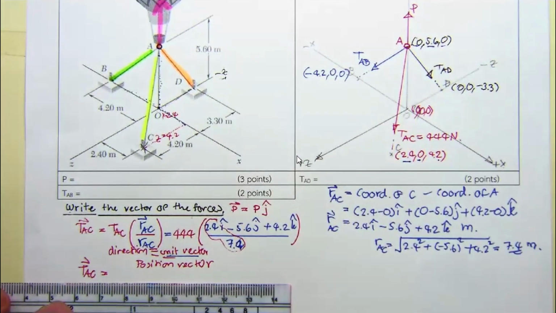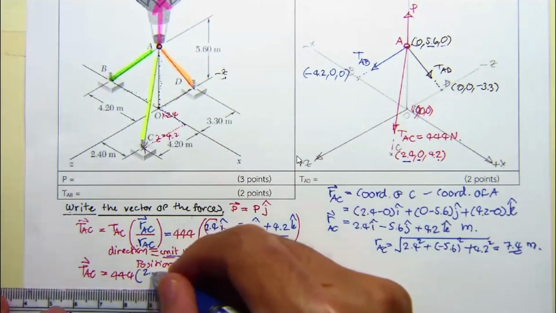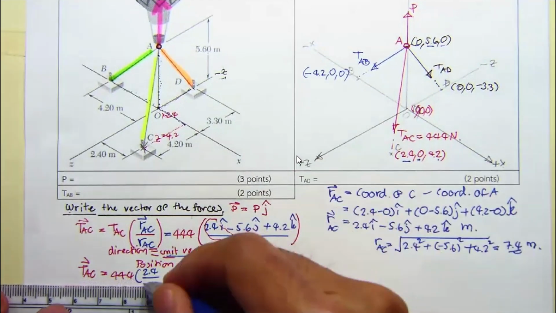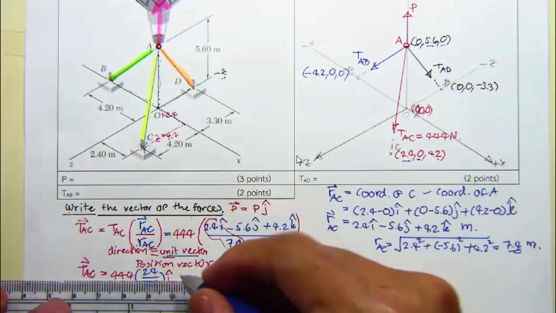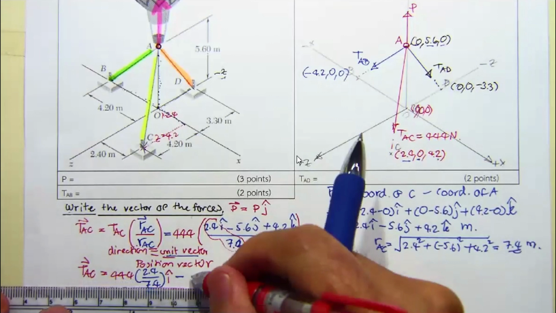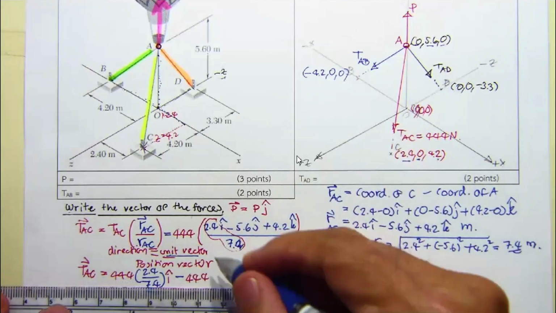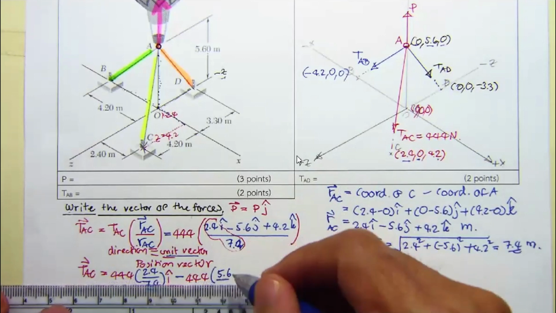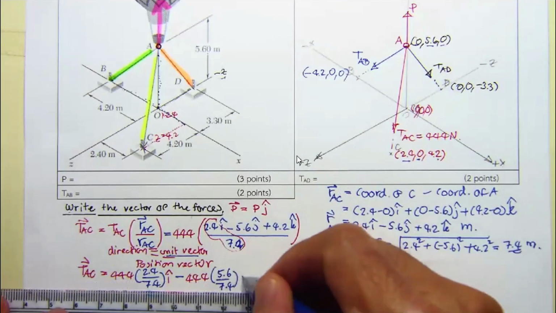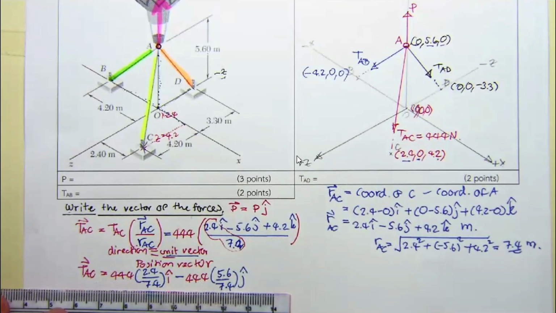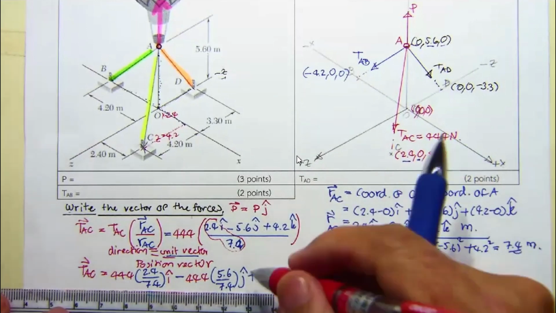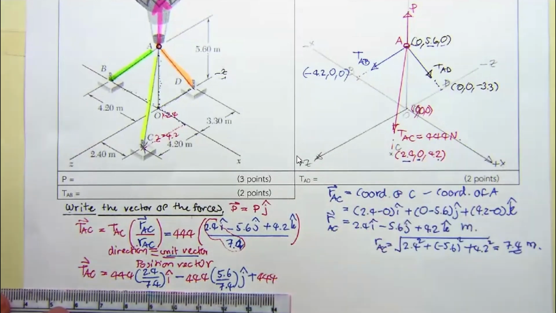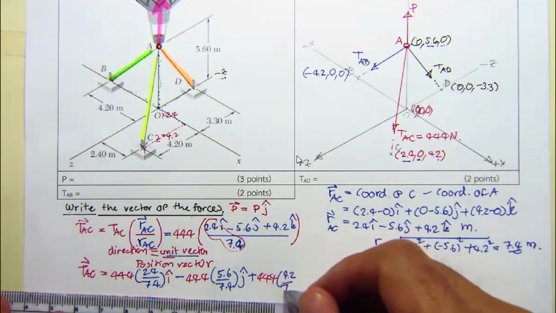But you have 4, 4, 4 times 2.4 divided by 7.4 I, and then minus again 4, 4, 4 times 5.6 divided by 7.4 J. And then the last one, plus 4, 4, 4 times 4.2 divided by 7.4.